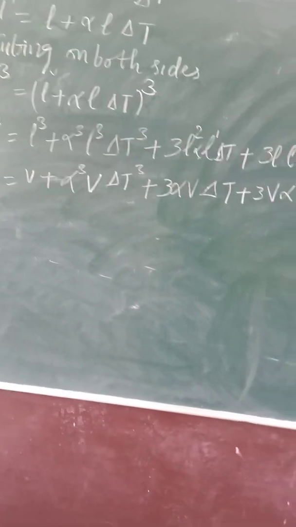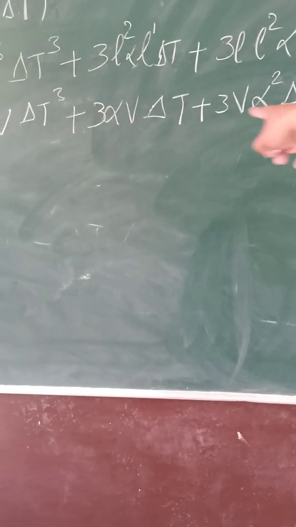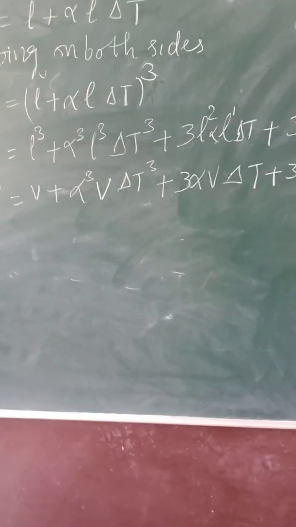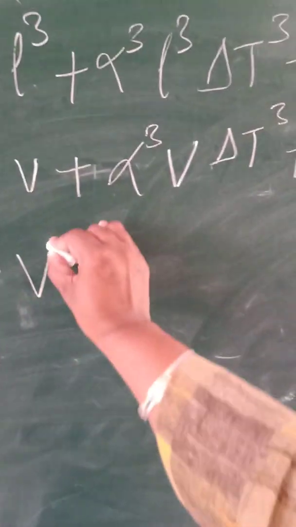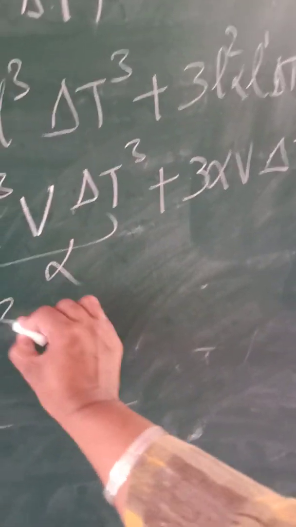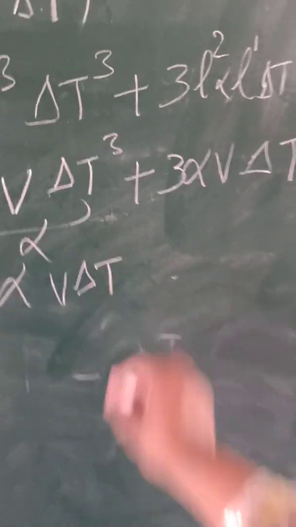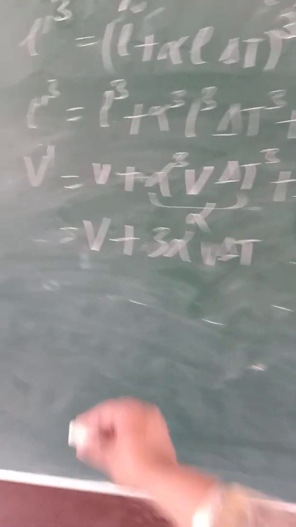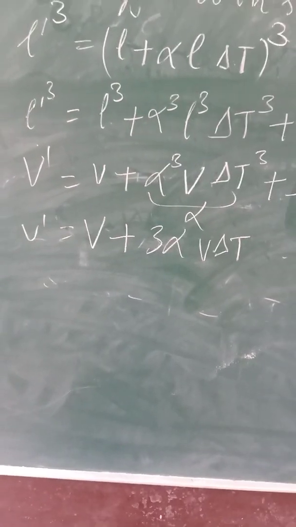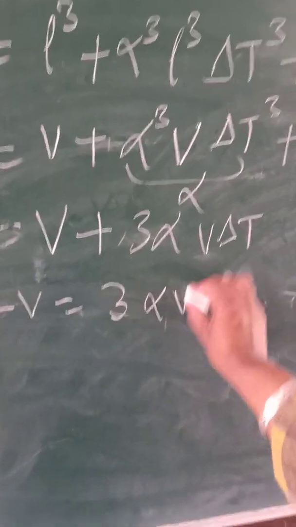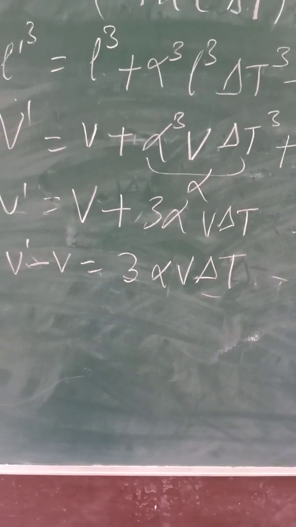Now as we did previously, delta T square is a very small term, so we neglect it, and delta T cube is also very small, so we neglect it too. Then we are left with V plus 3 alpha V delta T. Clear? Here we have V dash. Then taking V to the other side, V dash minus V equals 3 alpha V delta T.